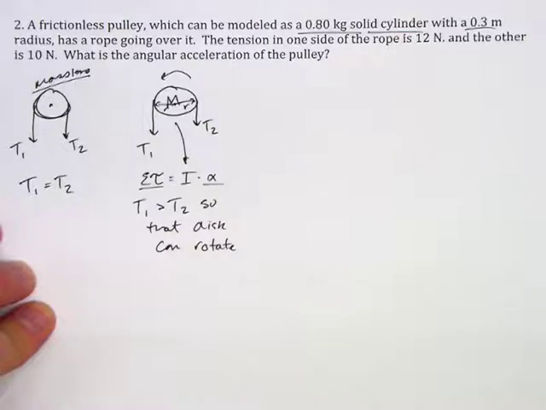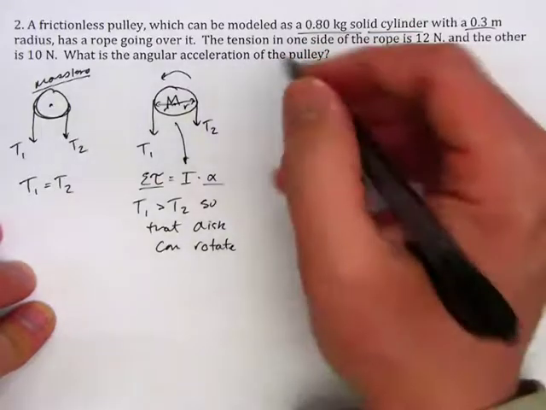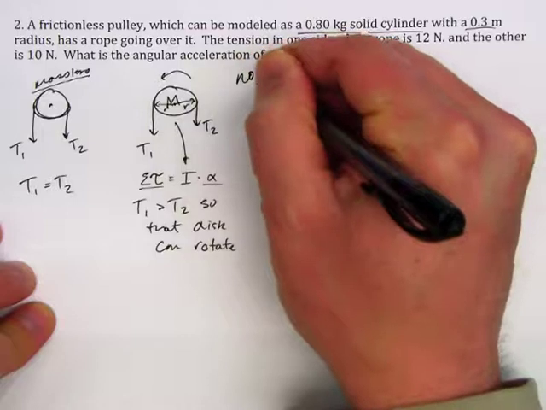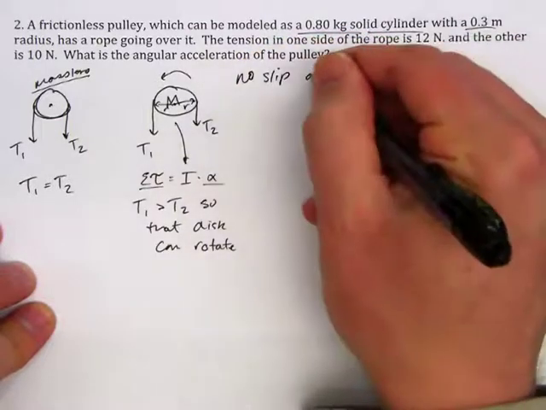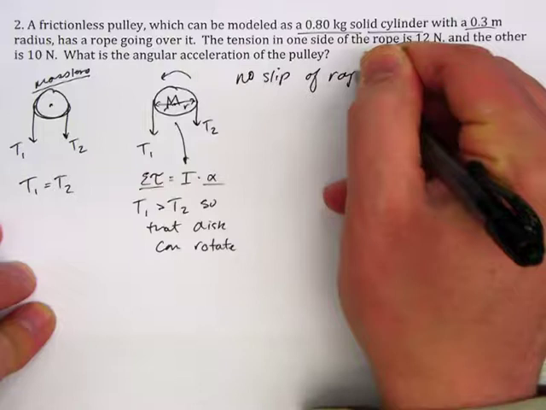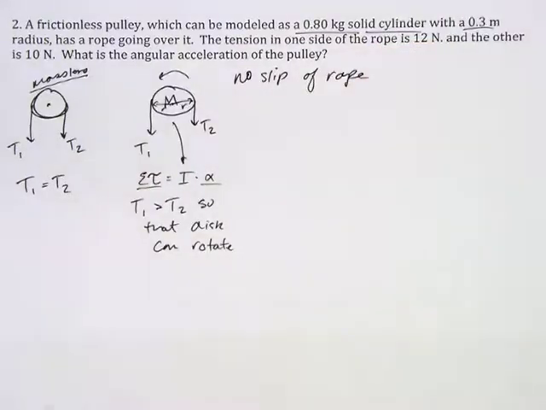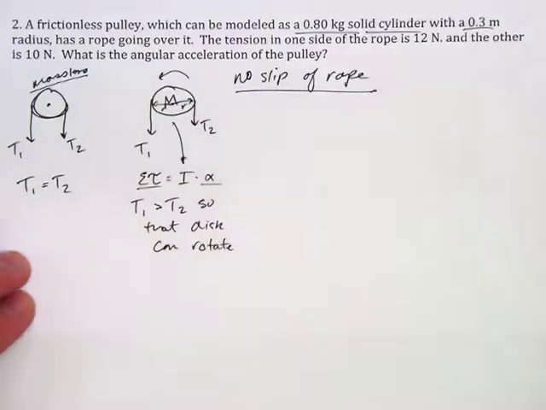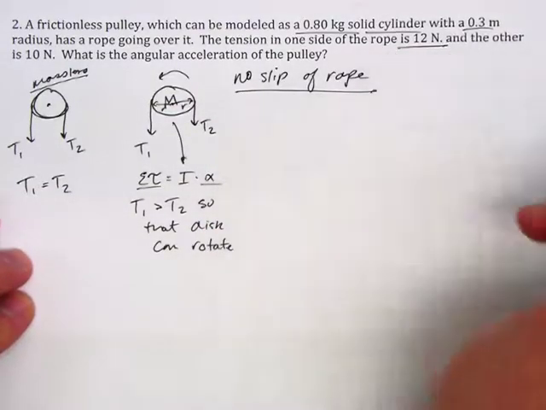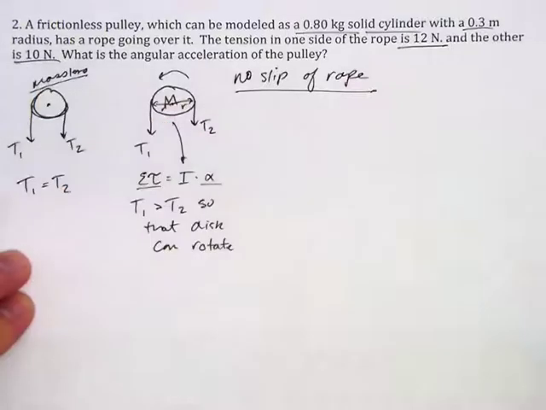And we also have to account for the fact that the rope doesn't slip while it rotates. If the rope slips, then we have a kinetic friction scenario, and that gets much more complicated to be able to model mathematically. So we have no slip of the rope. The tension on one side is 12 newtons, tension on the other side is 10 newtons, and we want to find the alpha of the pulley.